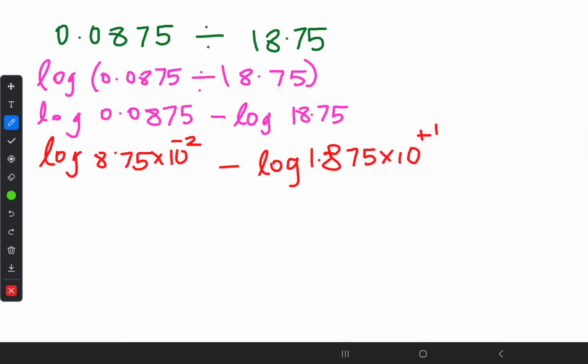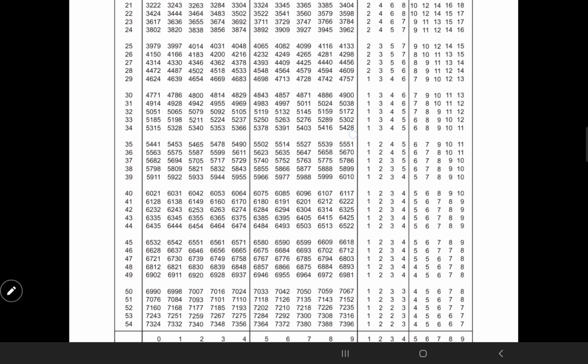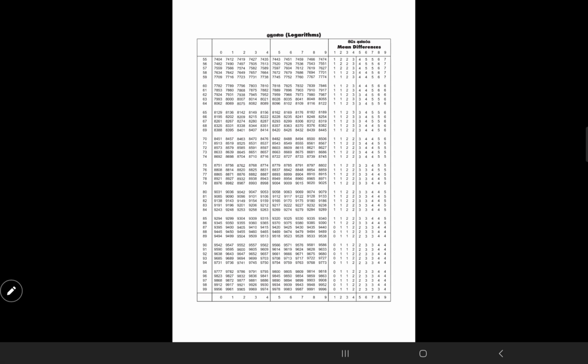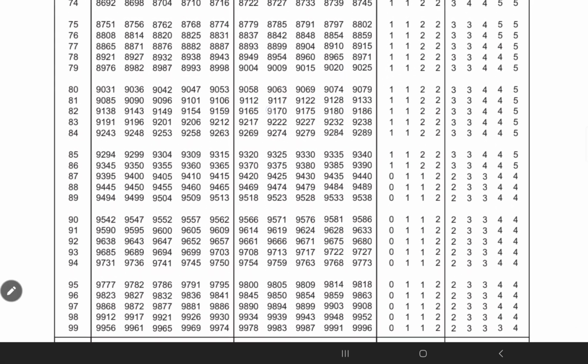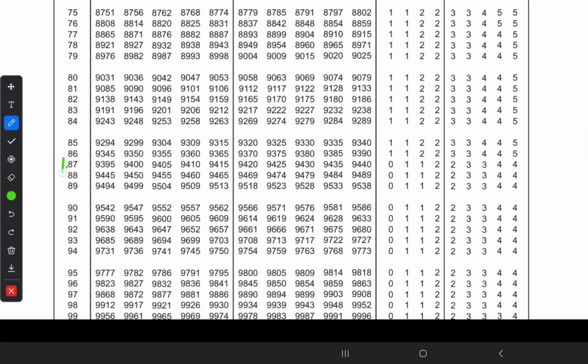Thereafter, by using the logarithmic table, you should identify the respective values for these two. So 8.75: 87th row and 5th column. You should find the respective value for that one.